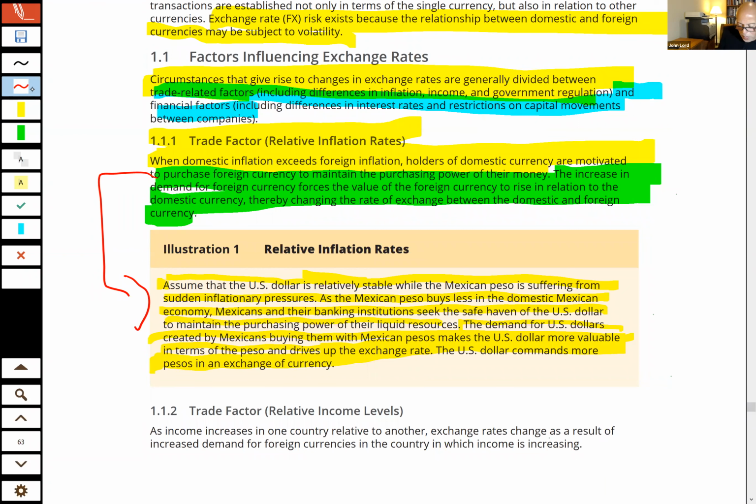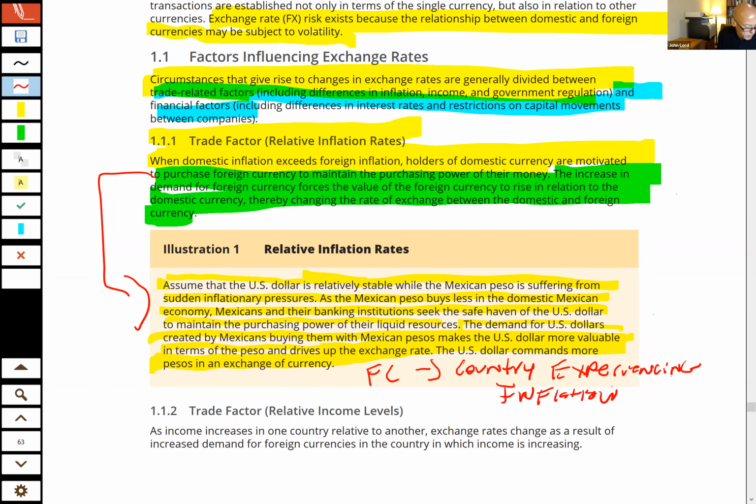So what I think is useful is to read the definition and look at the illustration, the example, but then you could also make yourself a flashcard that indicates country experiencing inflation.